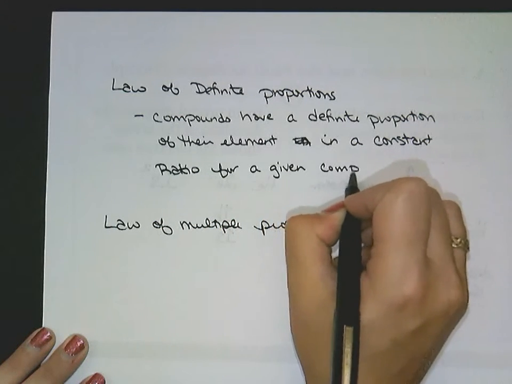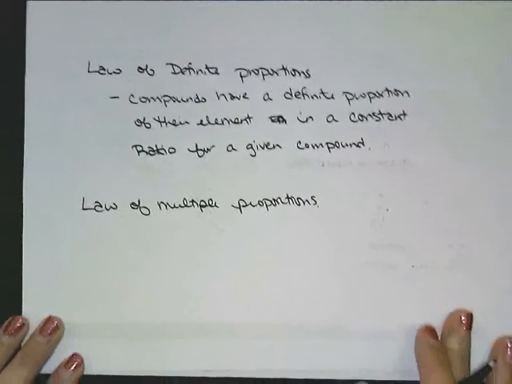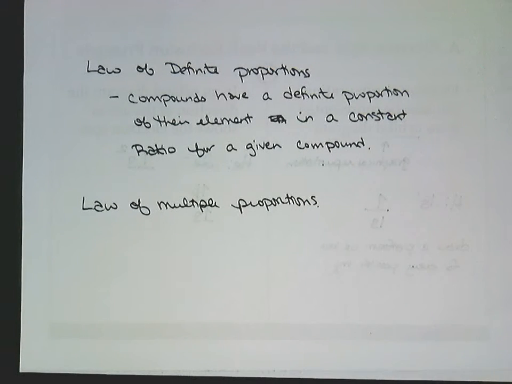All right, so for a given compound, or compounds in general, have a definite proportion of their constituent elements. That's always in the same ratio. I'll do the other definition, then I'll show you some examples between the two of them.